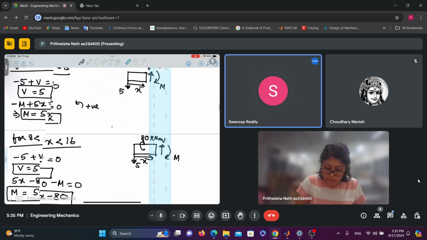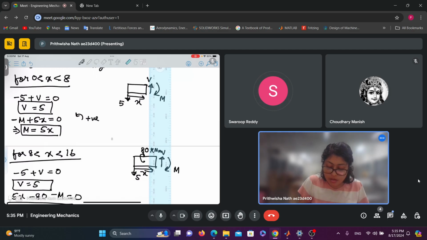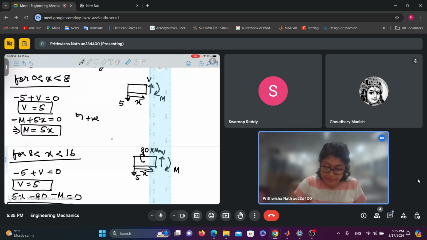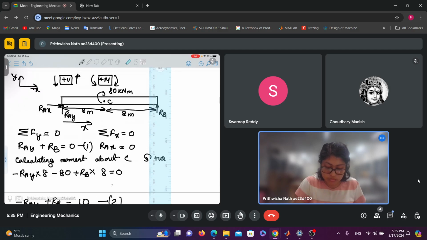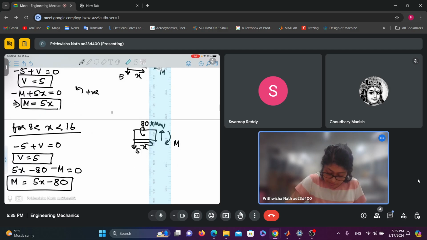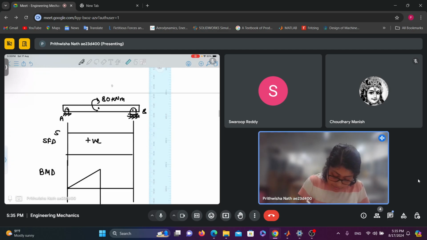At x equals 8, this is 40, right? At x equals 8 meters, that is the center point. At C, it is 40, right? So this value is 40.